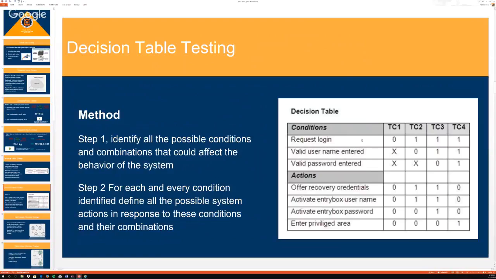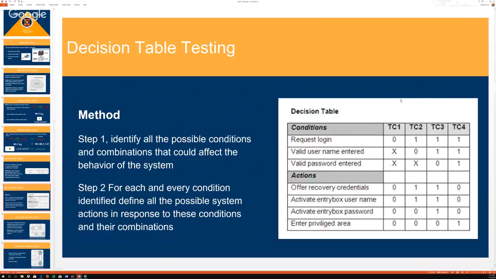Also, we have TC1, TC2, TC3, TC4, and they are like the rules that must be addressed to have a specific action. For example, if someone requests a login, it's true. We have one in TC4, and that person puts a valid username. Then we have one, two, and then the password is valid.